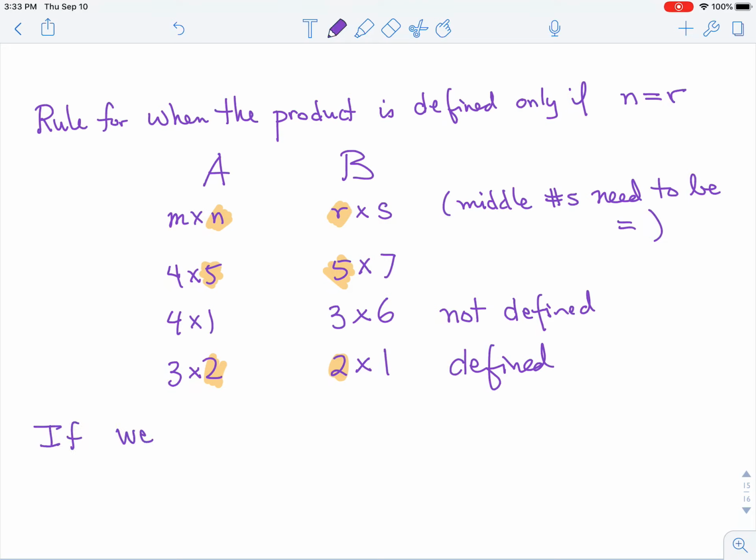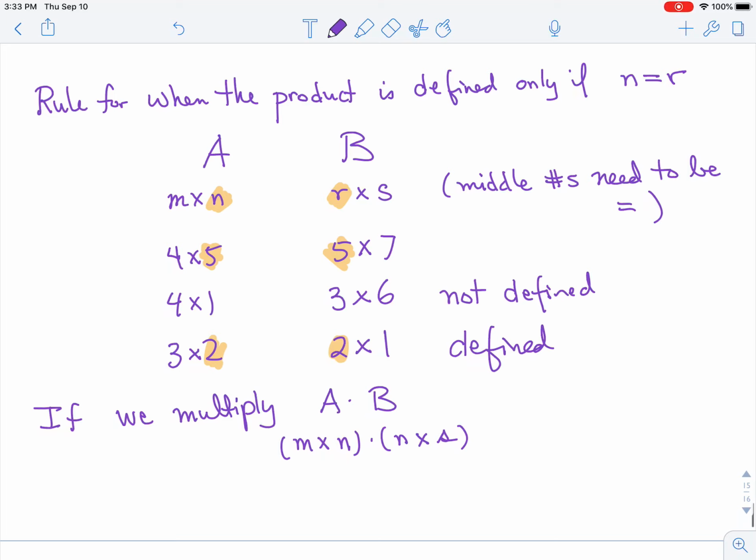So if we multiply A times B, and I'm going to write that out, I'm going to say m by n times, now remember, these two middle numbers have to be equal. So these middle numbers have to be equal, so I'm just going to write n times, maybe s here.